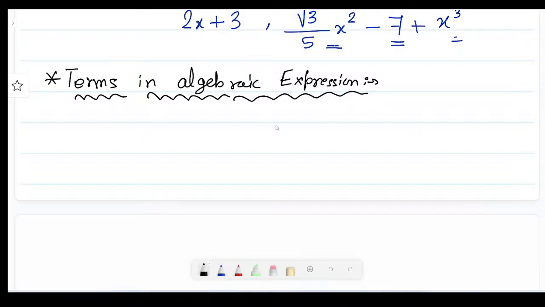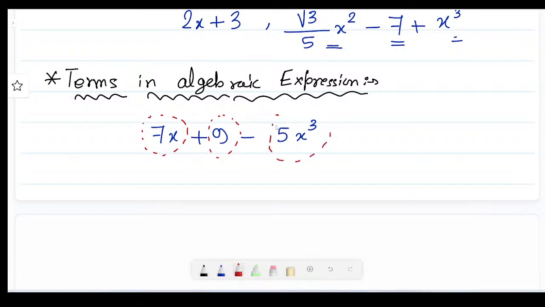Whenever we write an algebraic expression, as an example, I took 7x plus 9 minus 5x to the power 3. So these several parts, this is a part also, this is a part also, separated by the plus and minus, are called terms of this expression.